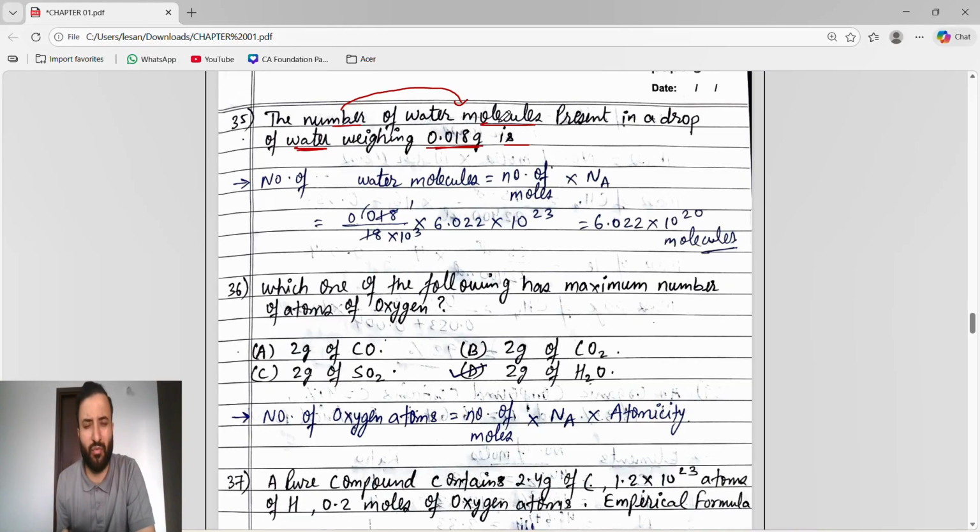Guys, we know the formula for number of molecules: number of moles into Avogadro number. The number of moles formula we will use, since gram is given: given mass, 0.018, divided by molar mass. Molar mass of what? We take water, because they said present in a drop of water. The molar mass of water is 18. When you do the calculation and multiply with Avogadro number, you will get this many molecules.